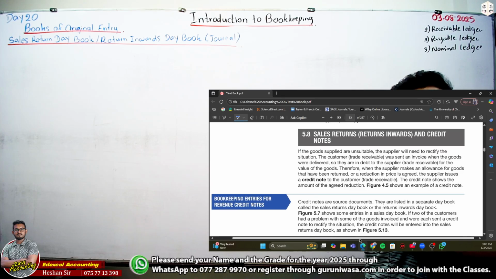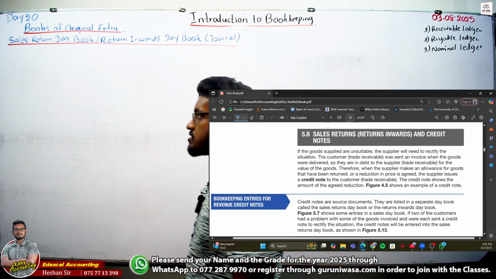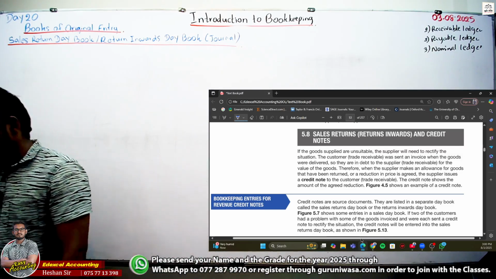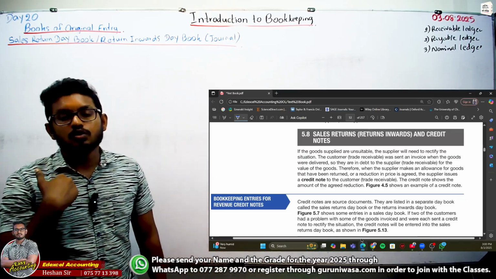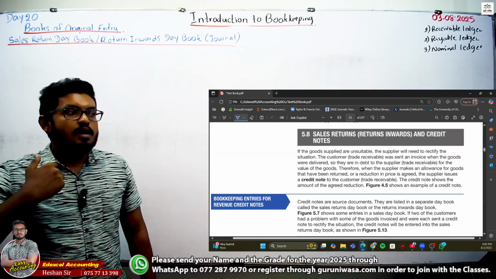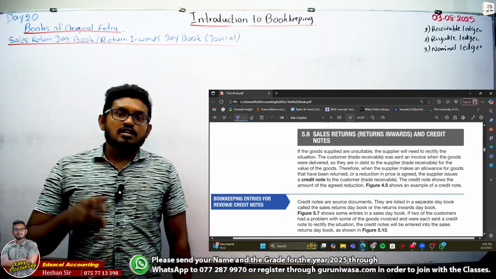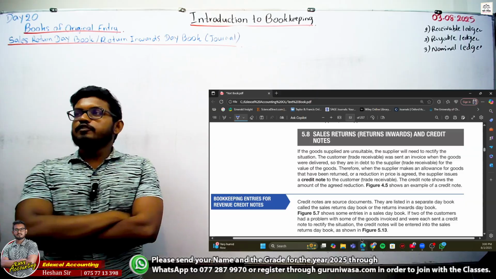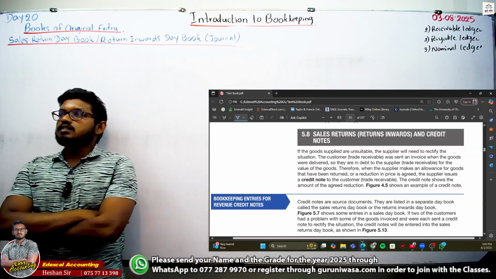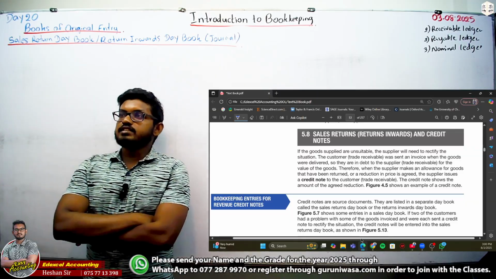So sales return or return inwards journal, credit note. When the supplier receives the sold goods again as a return, the supplier issues a credit note, right? The customer also records returns based on the credit notes. If the goods supplied are unsuitable, the supplier will need to rectify the situation.